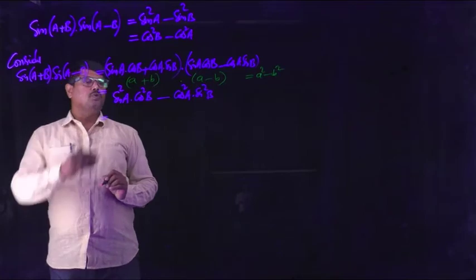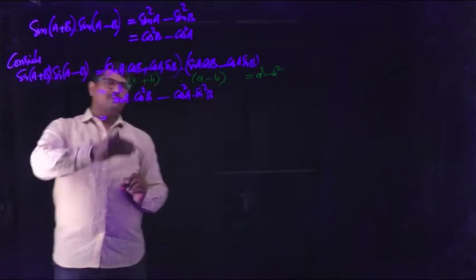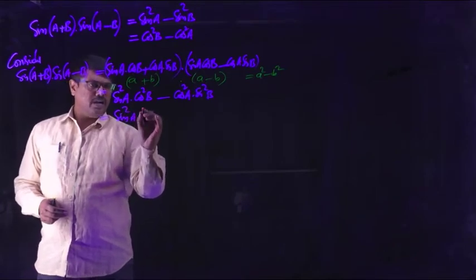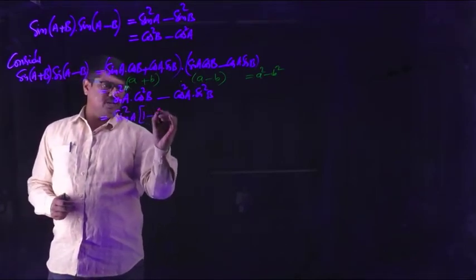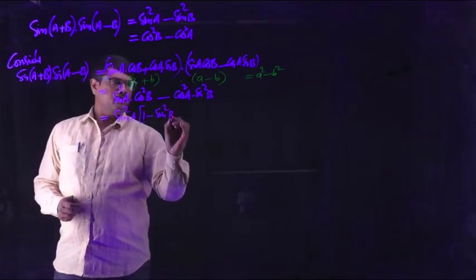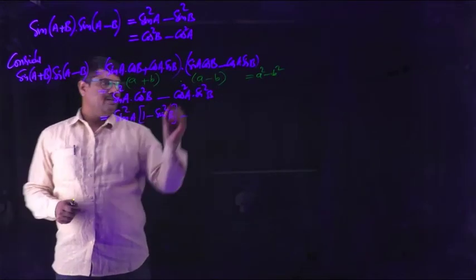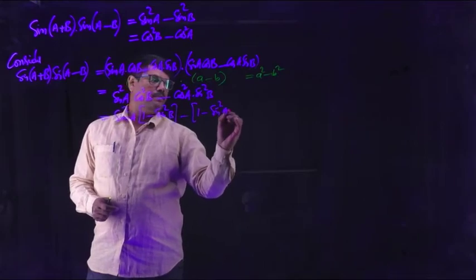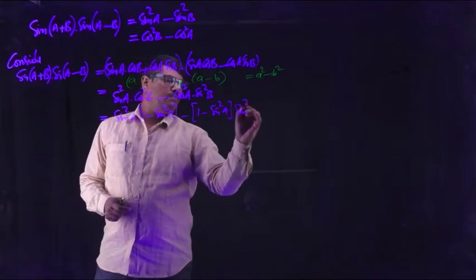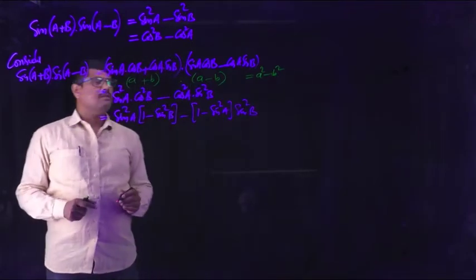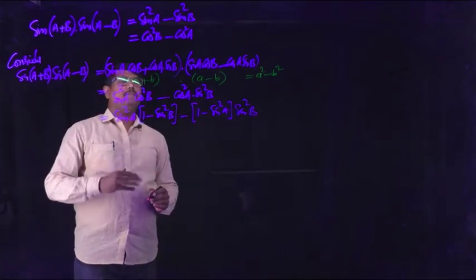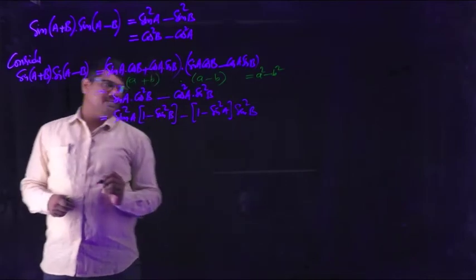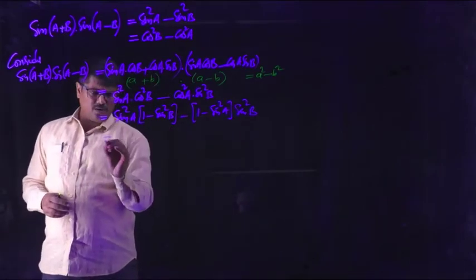We need to get the formula in terms of sin. That's why I am changing the cos values, and you can change cos²B as 1 − sin²B, and cos²A as 1 − sin²A. Expanding, you will get the required answer.